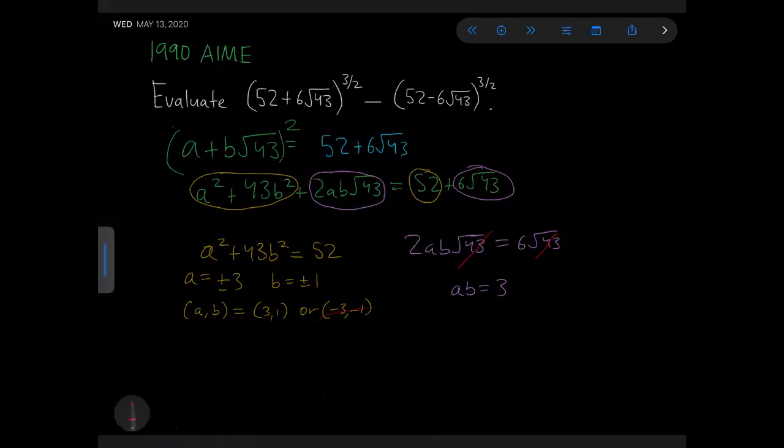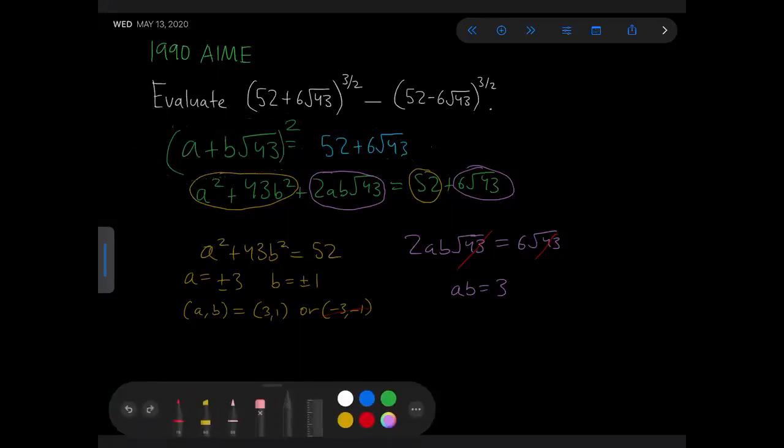What does this mean? Well, it means when we go back to this equation, 3 plus square root 43 squared is equal to 52 plus 6 root 43. Let's write that down.